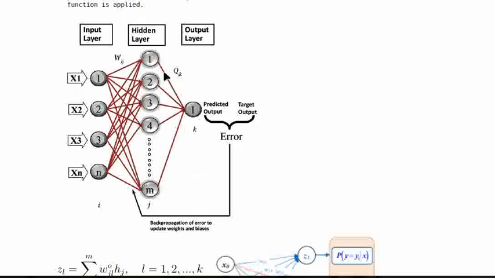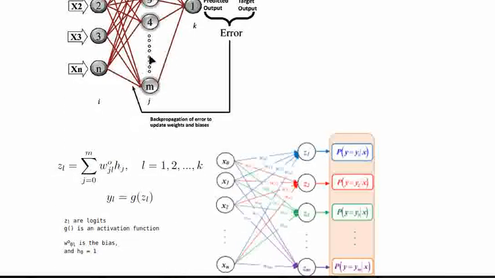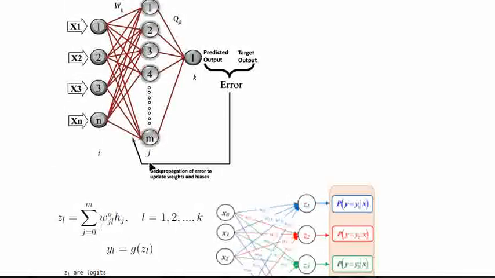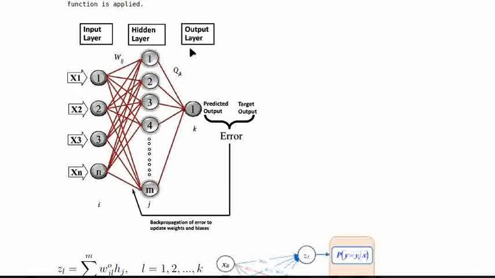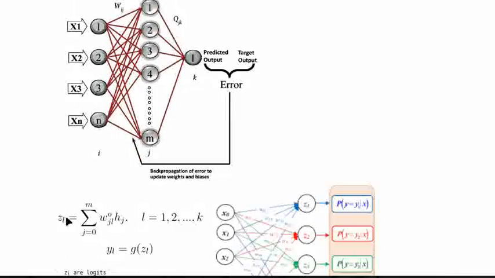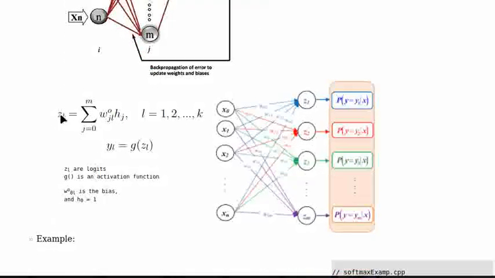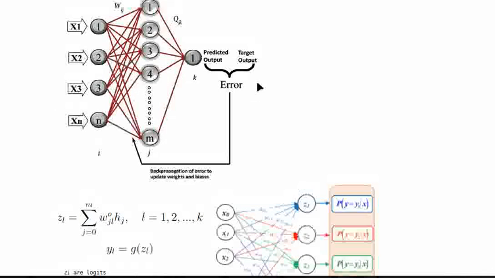That means the sum of this value times the value at the hidden layer that feeds into the output layer is the logit. We feed this logit into an activation function and obtain the final output YL.